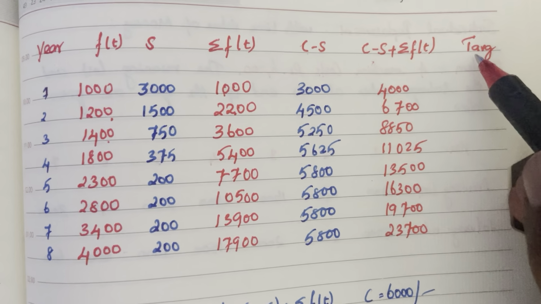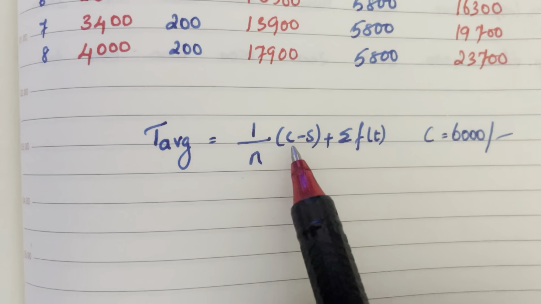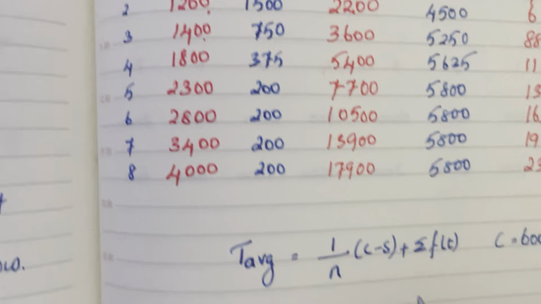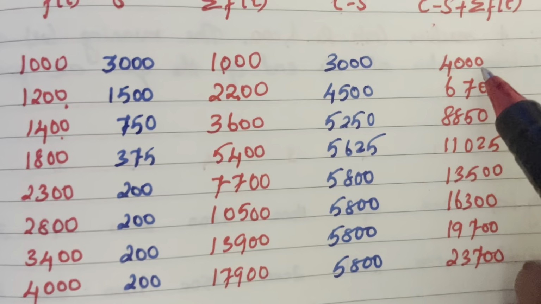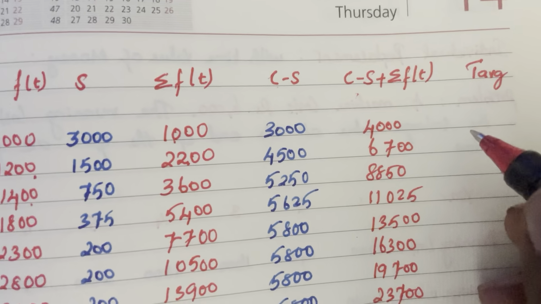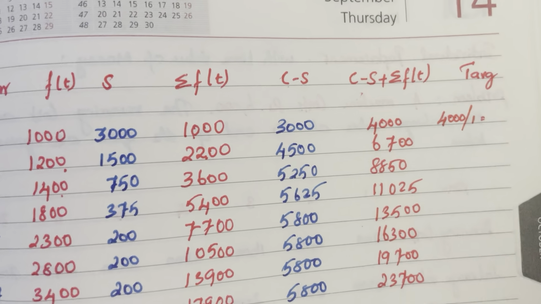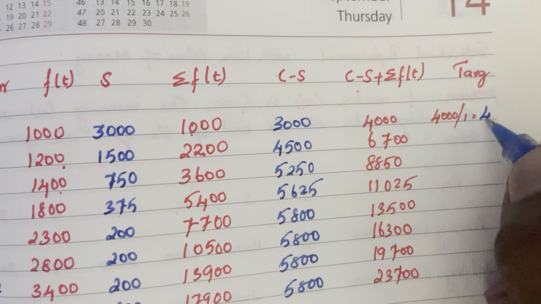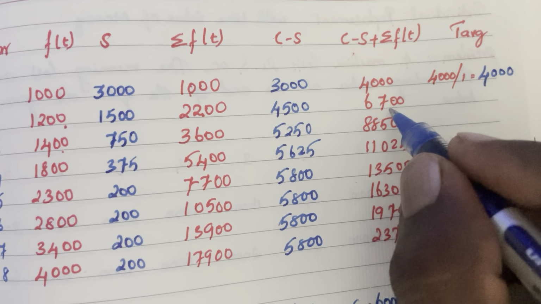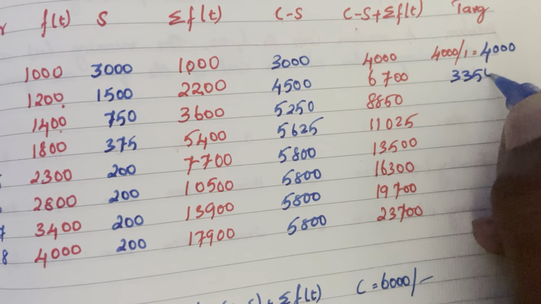Finally what you need to do is T average. T average is c minus s plus summation of f of t, which we have already found out, divided by the year. For the first value, 4000 divided by the year 1 is 4000. The same way, 6700 divided by 2 is going to be 3350.